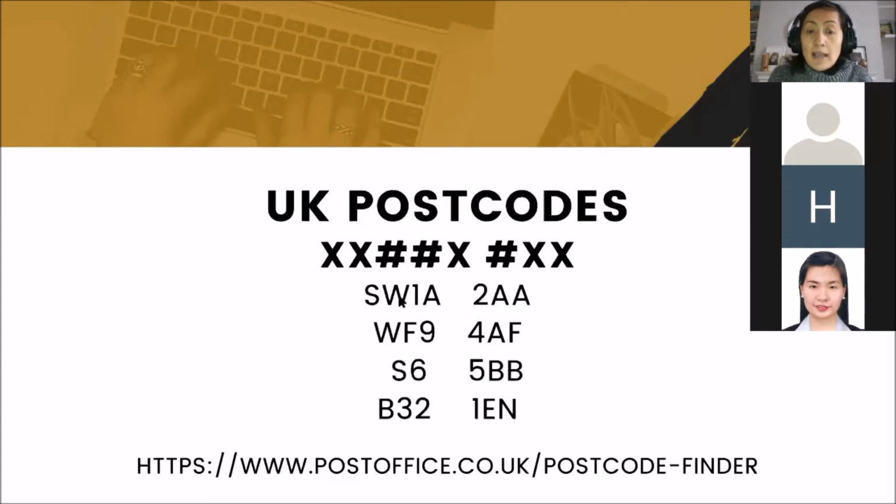SW is not a county or a city that starts with SW. It's actually in London. Now, London has its own mini postcodes within a big postcode. SW refers to a southwest area of central London.